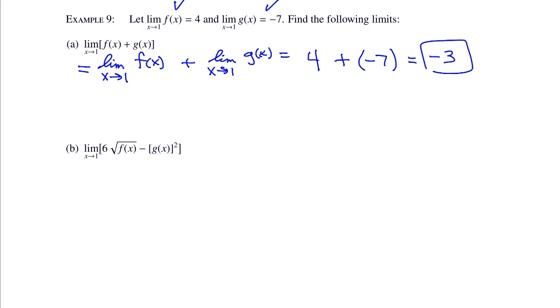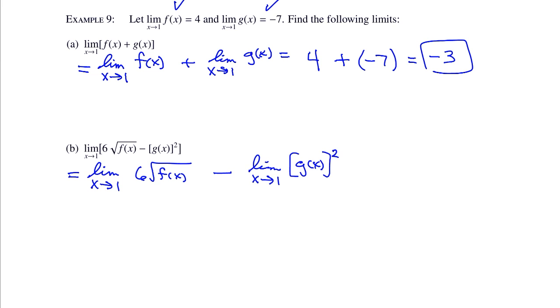On part B, we would do the same thing. Let's say the limit as x goes to 1 of 6 square roots of f of x minus the limit as x goes to 1 of g of x squared, using property, what number was that, 5 I believe, where we split up a subtraction.